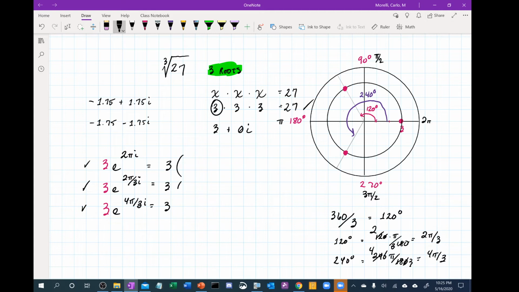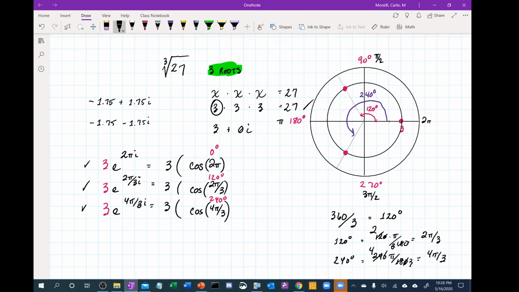Then you open parentheses, and it's cosine of this radian measure without the i, so cosine of 2 pi, here cosine of 2 pi over 3, and here cosine of 4 pi over 3. Of course, all this really means is cosine of 0 degrees, cosine of 120 degrees, and cosine of 240 degrees.